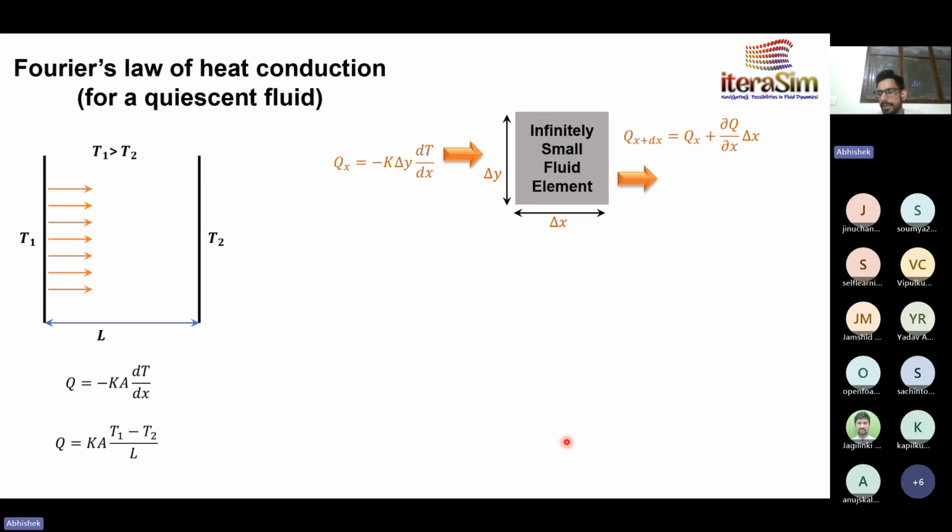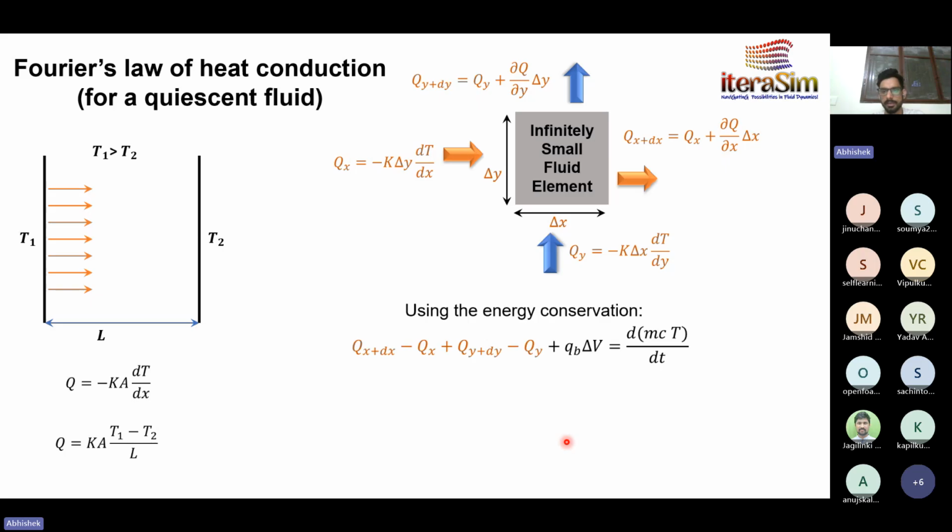Due to the heat gradient, or heat generation inside, there will be a deficit of ∂Q/∂x times Δx. That is simple math, and the same in the y direction. Now, if we use the energy conservation law, whatever is entering the system and being generated should get out of the system.